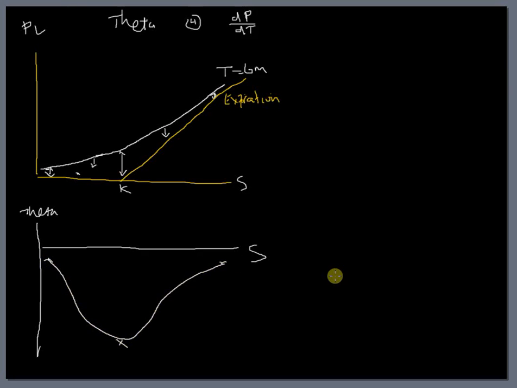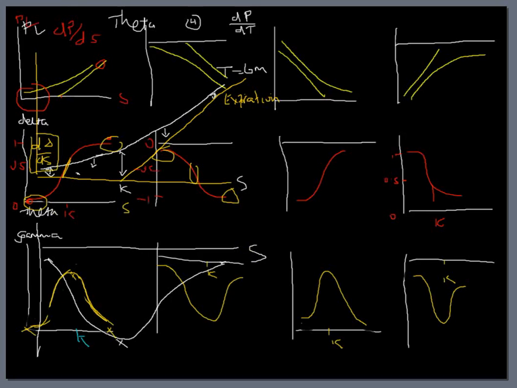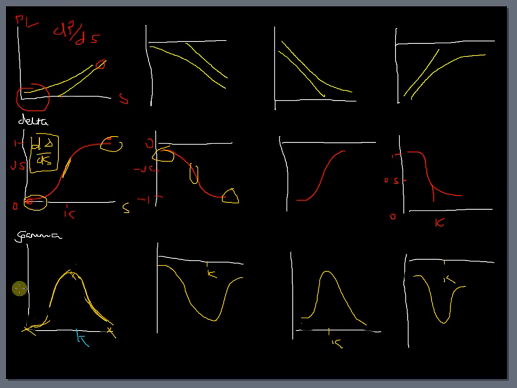Notice that this is very similar to the gamma diagram. Gamma, let me show you gamma. The gamma diagram is like that. Theta is something like that. So we can intuitively see that theta is actually in a way the inverse of the gamma.